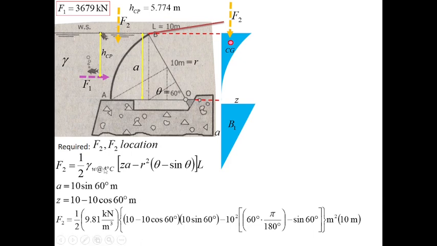So, 1/2 unit weight of water at 4 degrees Celsius is 9.81 kilonewton per cubic meter. Z is 10 minus 10 cosine 60 degrees. A is 10 sine 60 degrees, nasolve na natin kanina yan. Minus 10 squared. Okay.